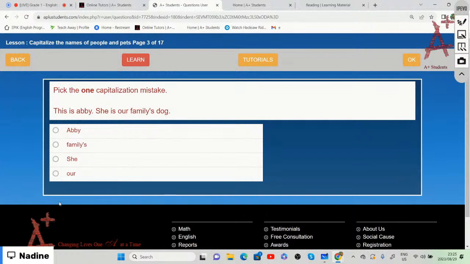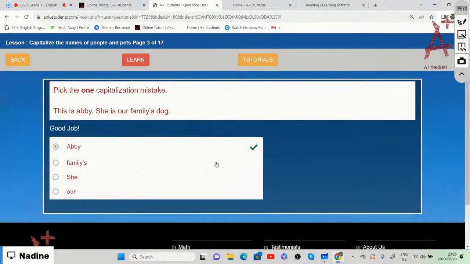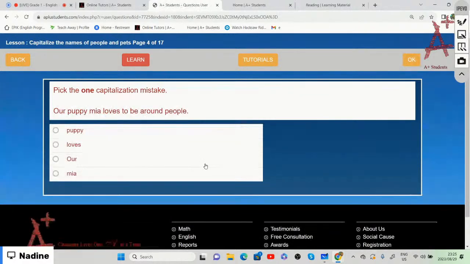We need to select the word where they forgot to write the capital letter. All right, so which means that we are selecting Abby, right? Because Abby is the family's dog or the family's pet, and we said names of pets are written with a capital letter.